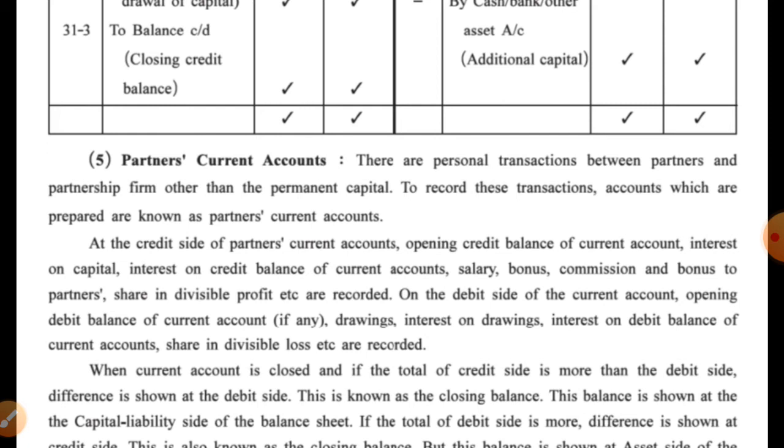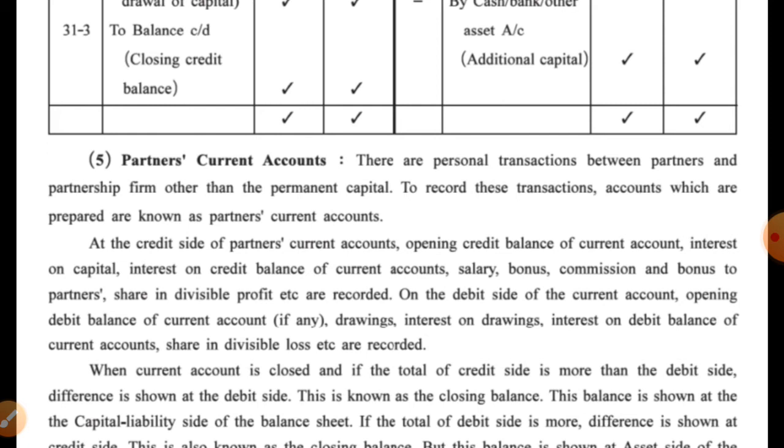Now, one thing, make sure partners' current account is prepared only and only if the opening balance of current account of the partners is given in the question. Then and only then is partners' current account to be prepared. Otherwise, all the other entries related to partners will be recorded in partners' capital account.